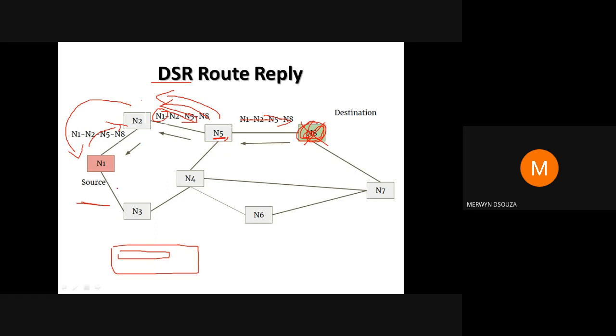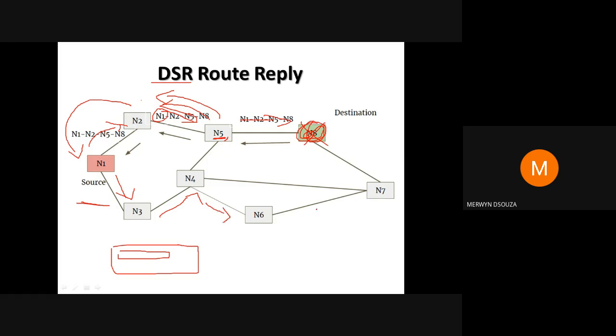It may have an alternative way of sending, and it may try that way also. But if it had only one route of sending the packet, then it will delete that route because this node no longer exists in the network.